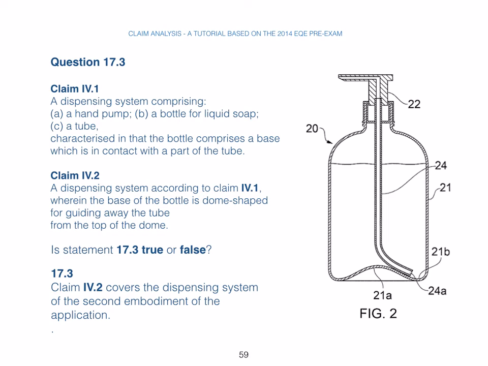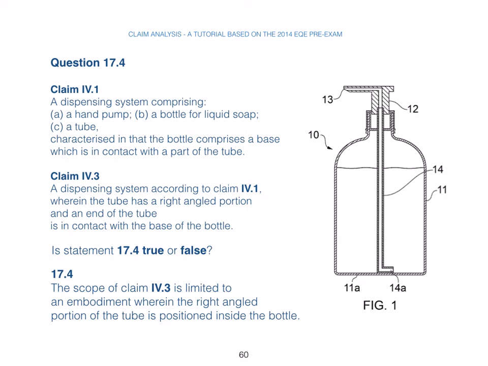So we need to compare the second embodiment, which is figure 2, with the wording of the claim to find whether it's covered by the claim 4. It seems to me that it's relatively clear whether or not it is covered, and you should make up your mind whether the statement is true or false, and we will go to the next question.